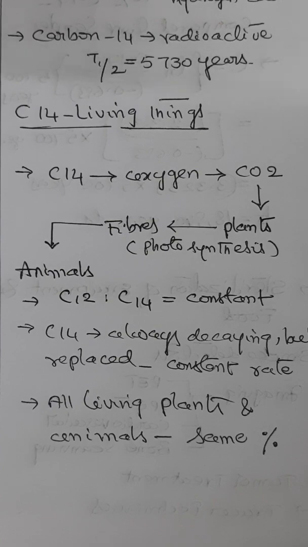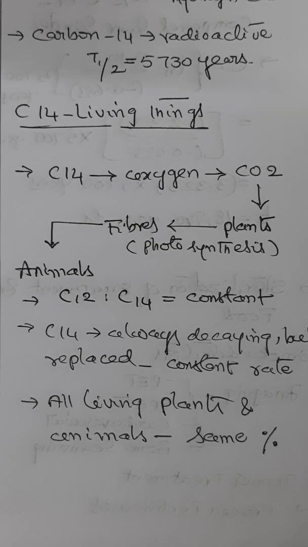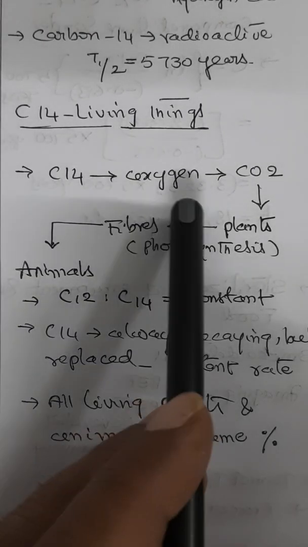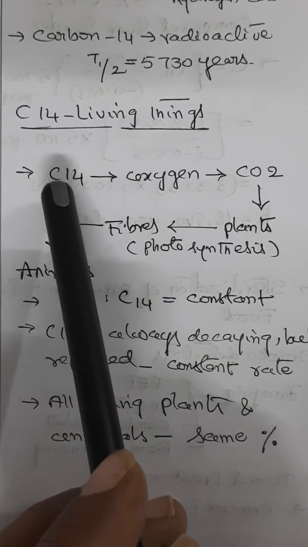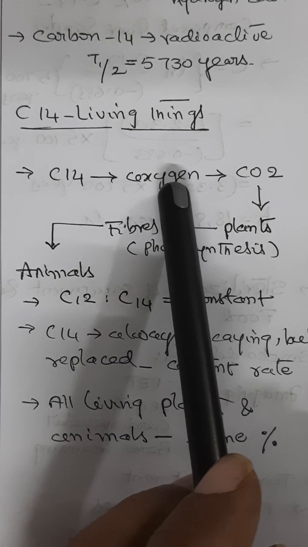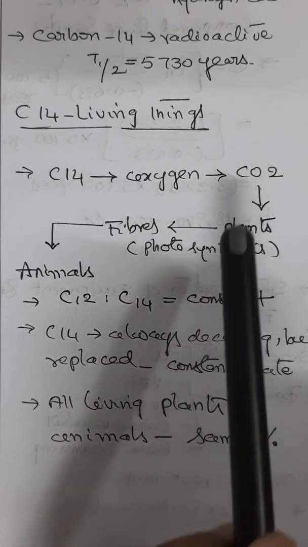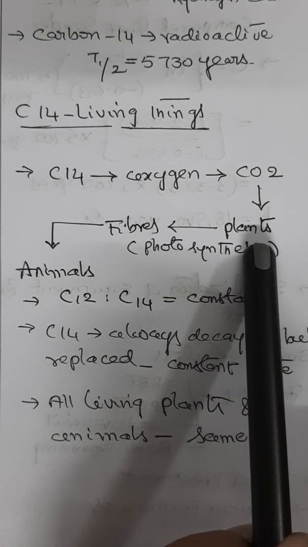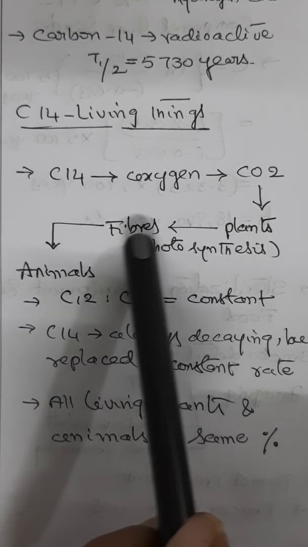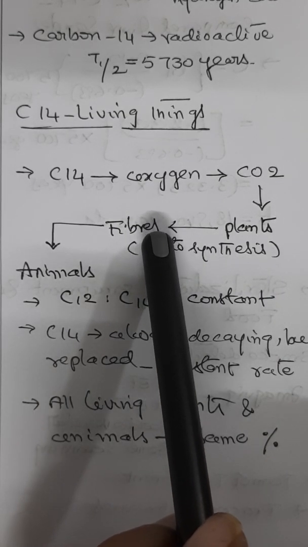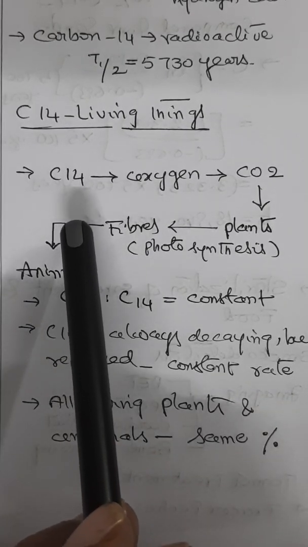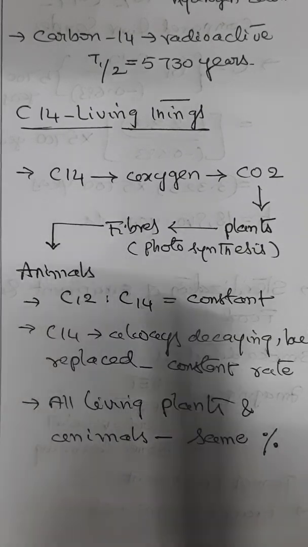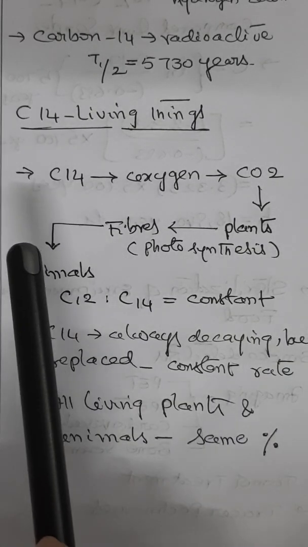The carbon 14 atoms that cosmic rays create combine with oxygen to form carbon dioxide, which plants absorb and incorporate into plant fibers by photosynthesis. And from there, animals eat those plants and take the carbon 14 into themselves as well. This is very interesting.